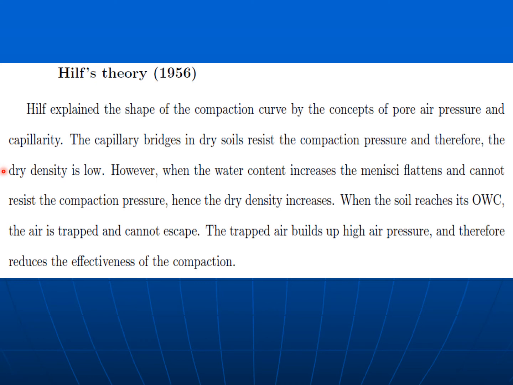However, when the water content increases, the menisci flattens and cannot resist the compaction pressure. Hence the dry density increases. When the soil reaches its OWC, the air is trapped and cannot escape. The trapped air builds up high air pressure and therefore reduces the effectiveness of the compaction.